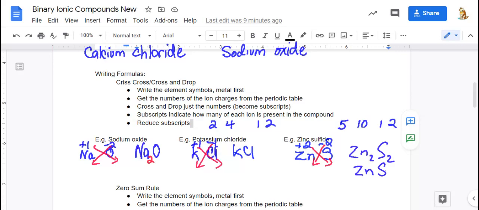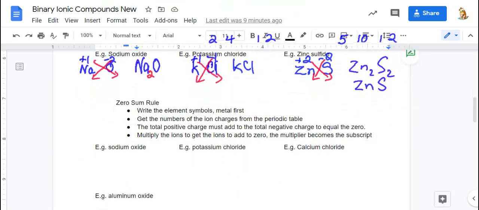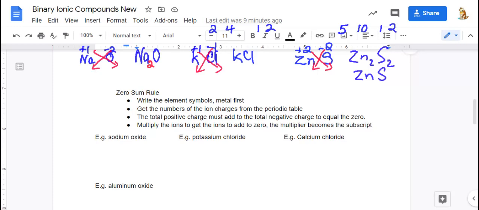Now, the zero-sum rule. So you write the element symbols first, just like we did for cross and drop. And you get the numbers of the ion charges, just like we did before. Now, the total positive charge for the cations must add to the total negative charge of the anions, and they should sum to 0.